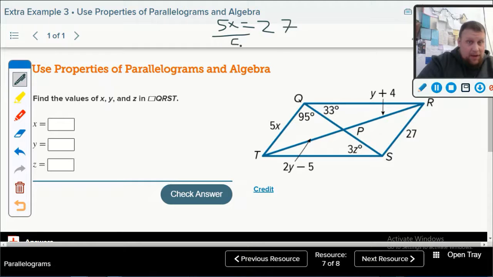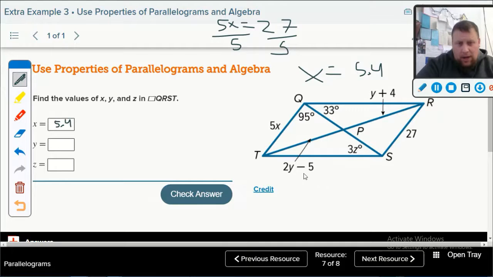Divide both sides by 5. And what do I get? X equals 5.4. Yeah, because it'd be 5 2/5, and that's 0.4.